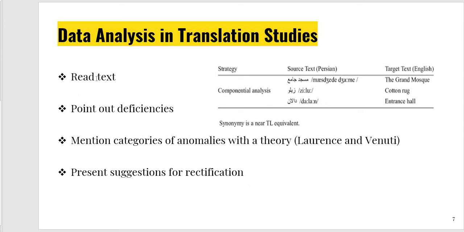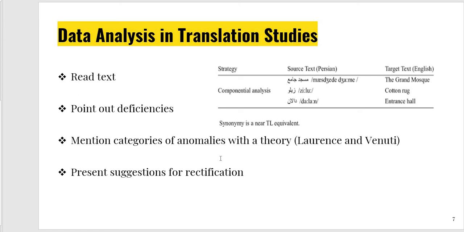You will read the original text, the source text, then you will read the translated text, then you will compare them, point out deficiencies, and then you will mention categories of anomalies with a theory. Suppose one theorist is Lawrence Venuti, there are other theorists too.